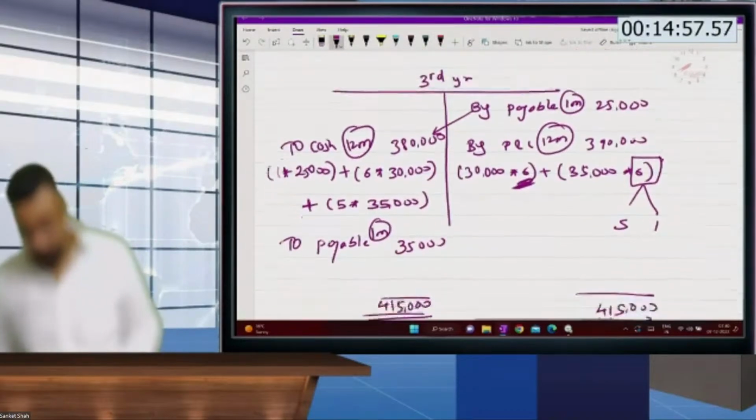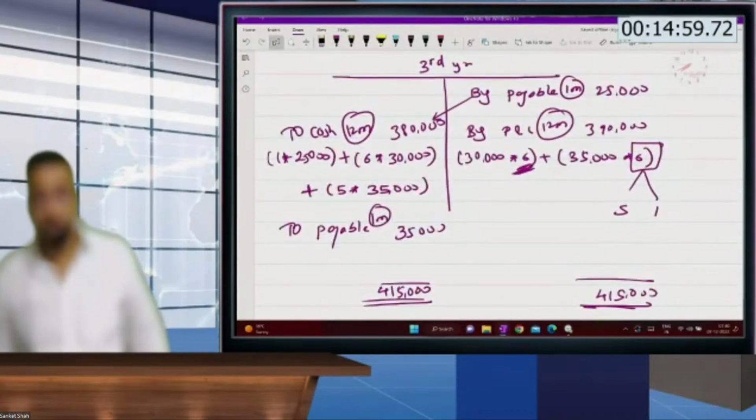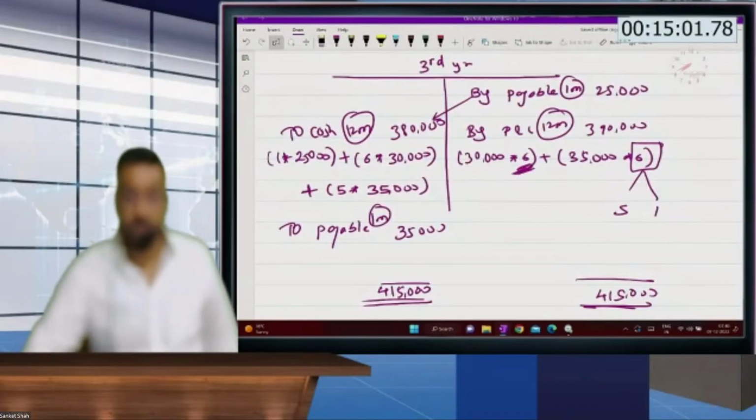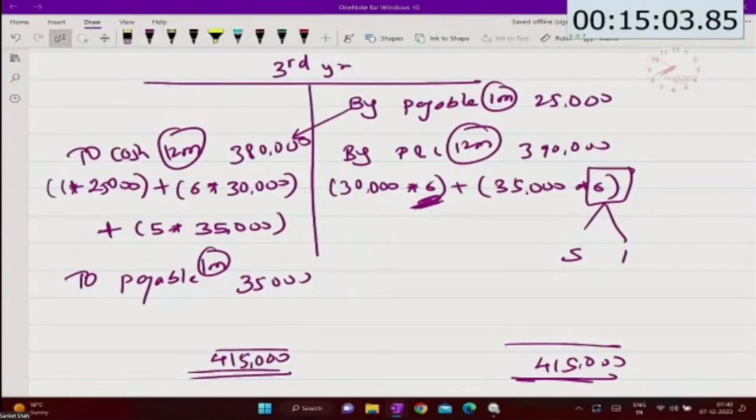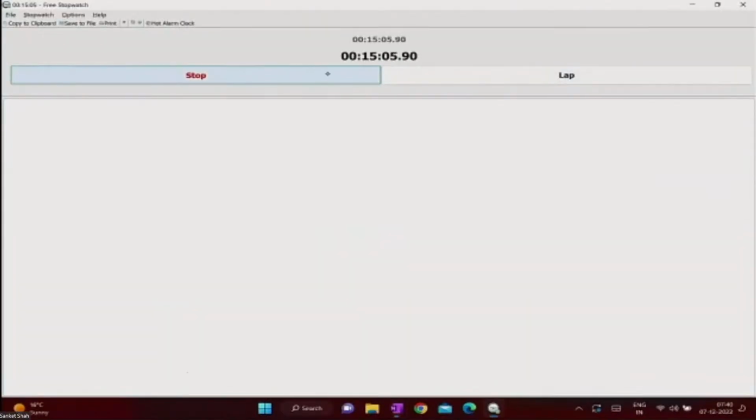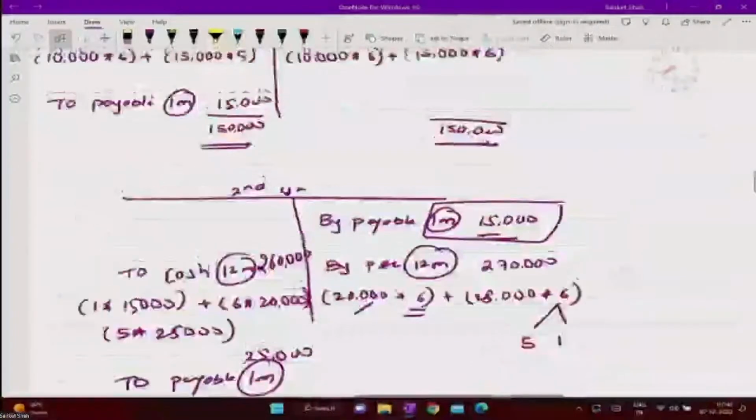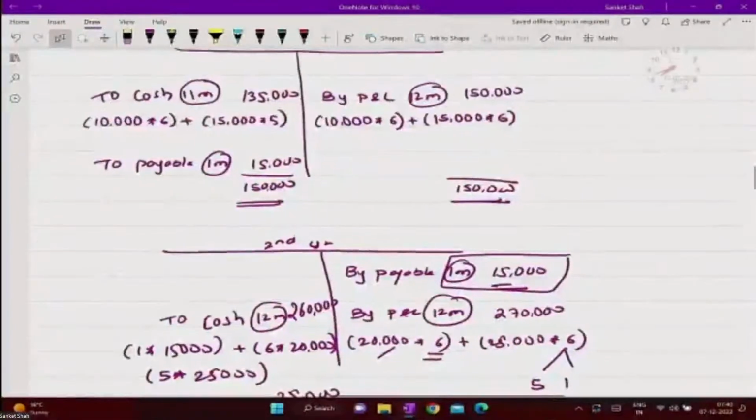Four lakh 15,000 is for third year. Yes. Are you getting same answers, beta? Now it's easy.